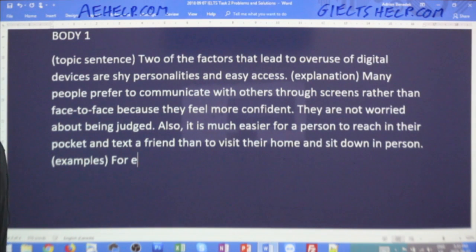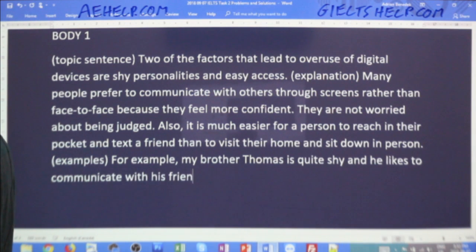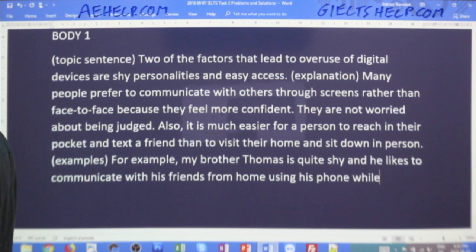So, for example, my brother Thomas is quite shy and he likes to communicate with his friends from home using his phone while laying in bed and wearing pajamas.